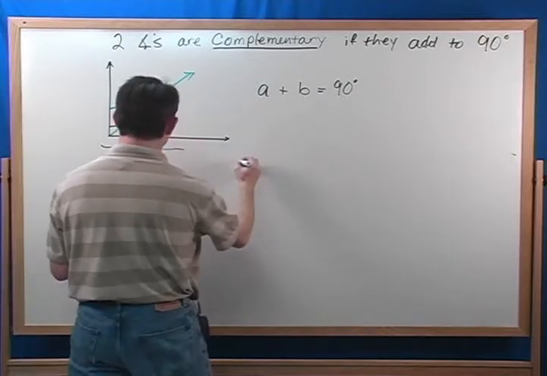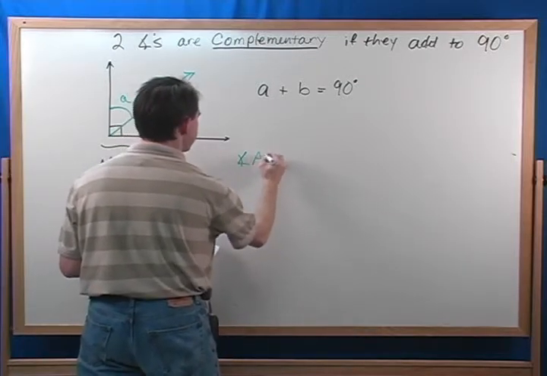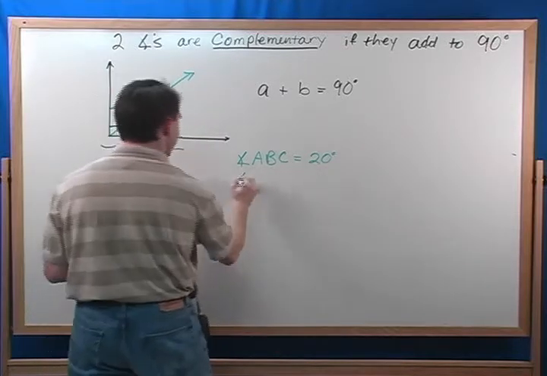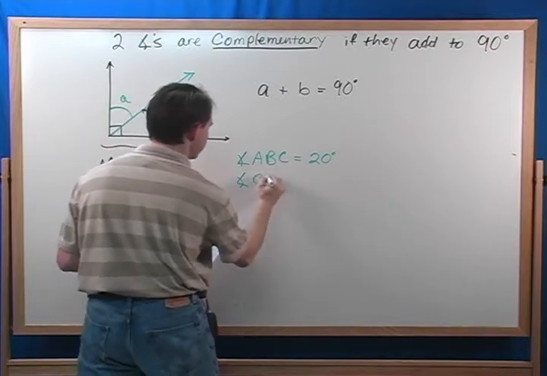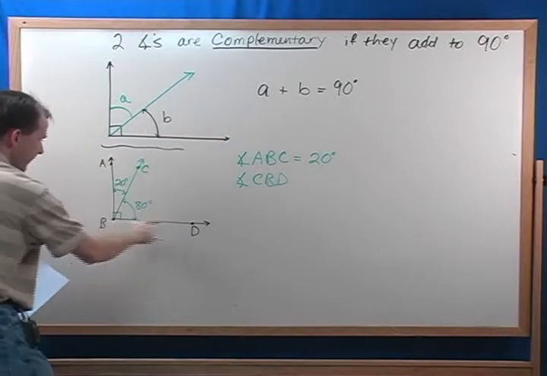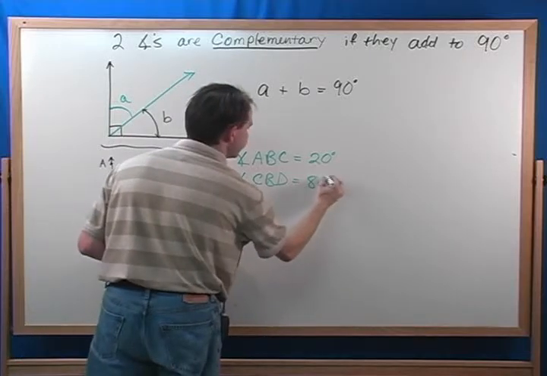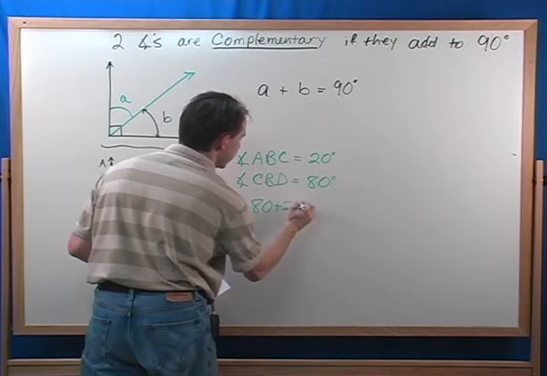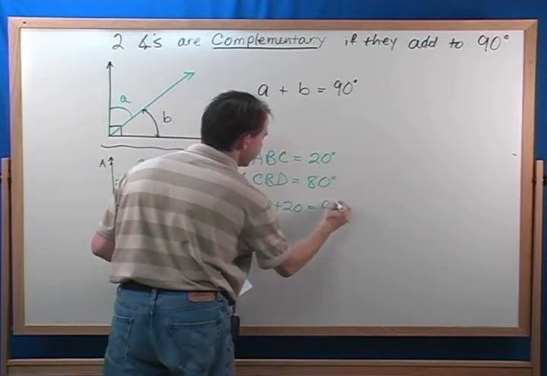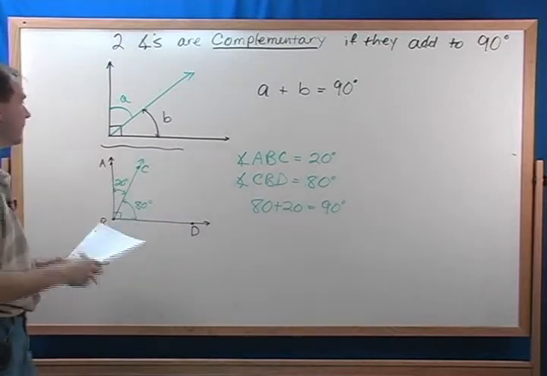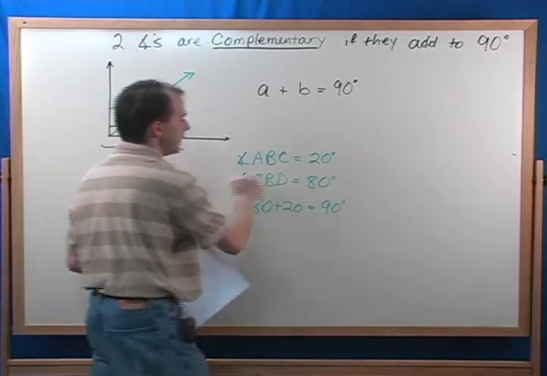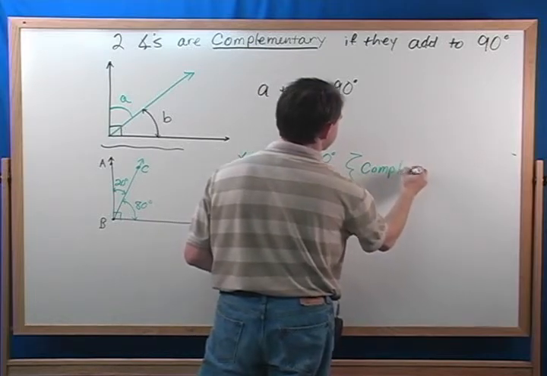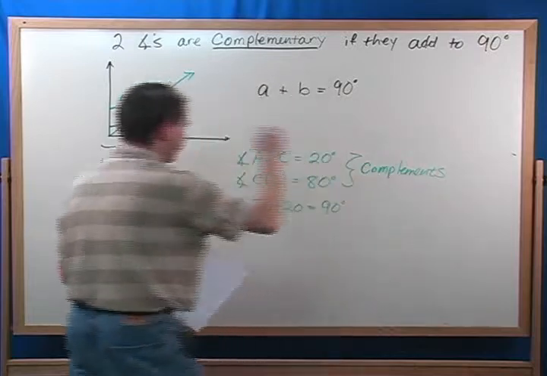So, since angle ABC is equal to 20 degrees, and angle CBD is equal to 80 degrees, and because 80 plus 20 is equal to 90 degrees, then we say that ABC and CBD are complements of one another.